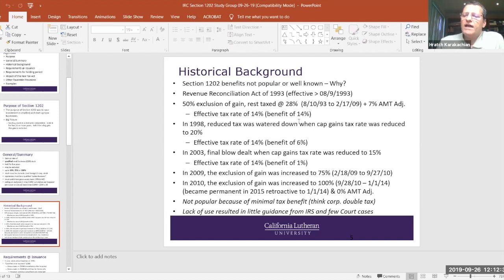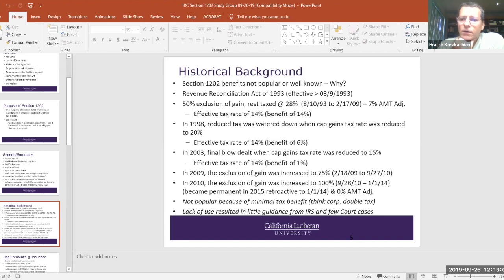So for example, if you had a $100,000 gain, you could exclude 50,000, but the other 50 would be taxed at 28%, making the effective rate on the entire 100,000 at 14%. Remember, at the time, capital gains were being taxed at 28%. In 1998, the capital gains rate was reduced to 20%.